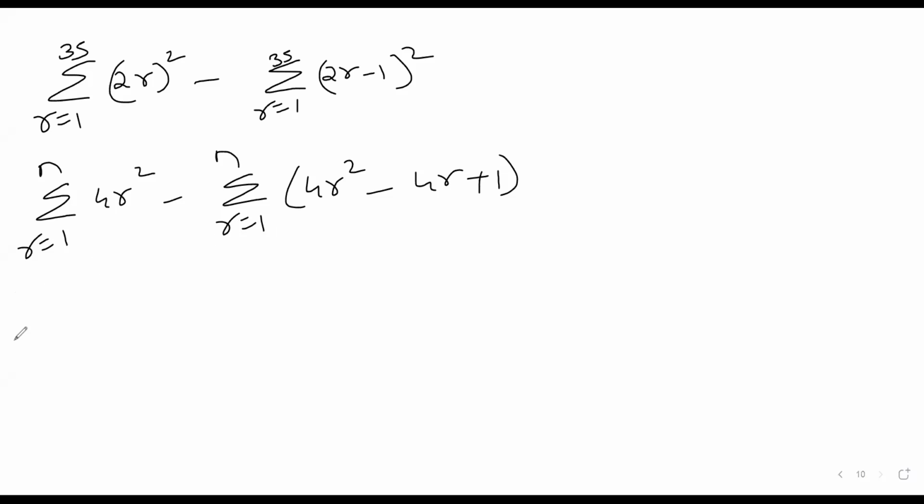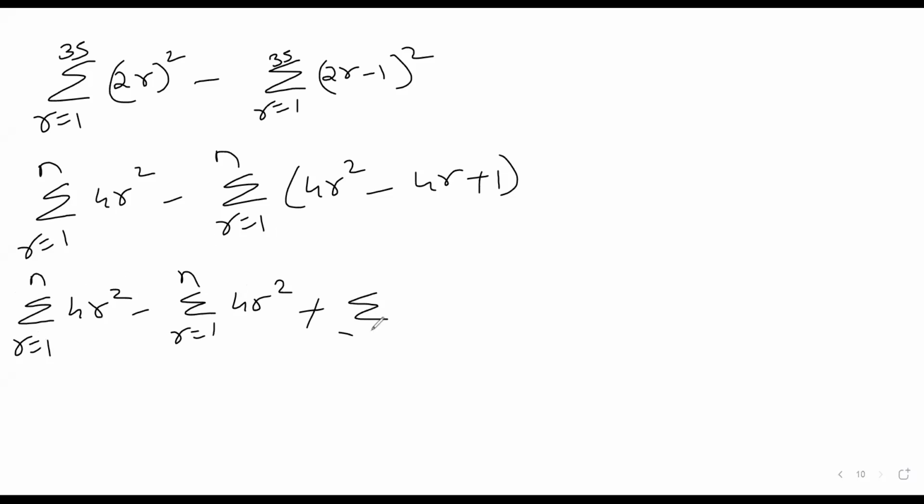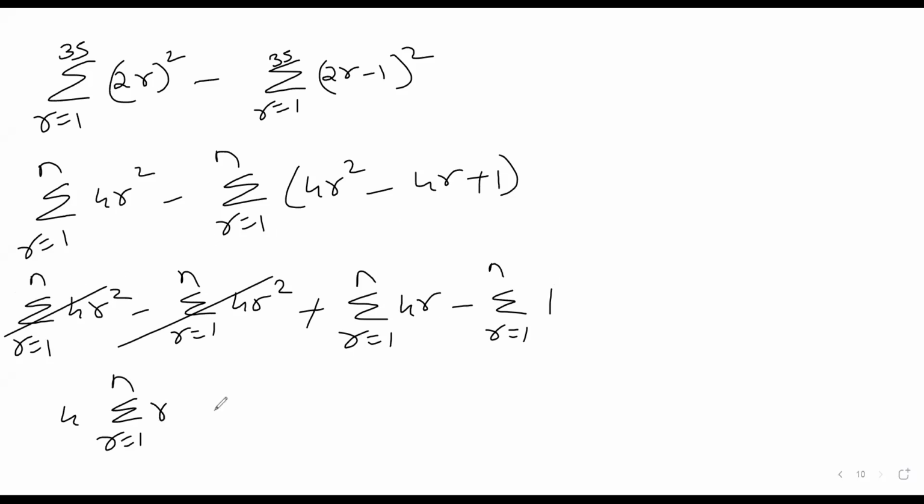If I expand them, I'll get summation 4R square minus summation 4R square plus summation 4R minus summation 1. This and this will get cancelled. This will be 4 summation R minus summation 1. This can be further written as 4 times n into (n plus 1) by 2.